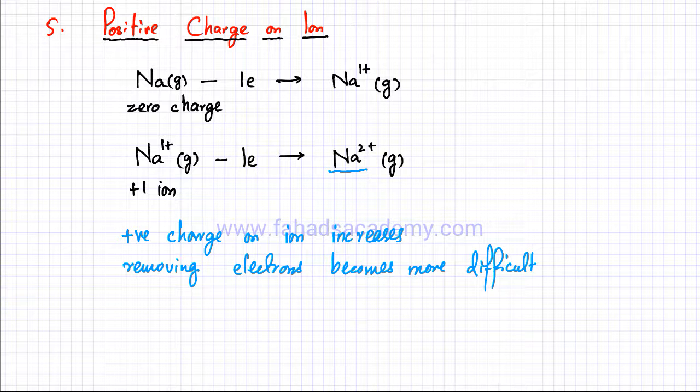Which eventually means that the ionization energy keeps on increasing. You need more and more energy to remove an electron as the positive charge on the ion increases. So the higher the positive charge, the more difficult it's going to be to remove an electron.